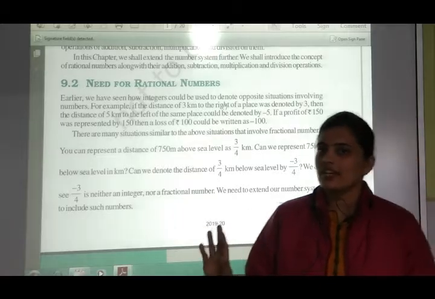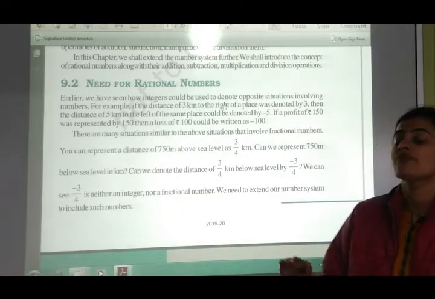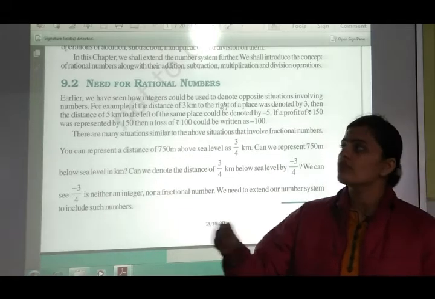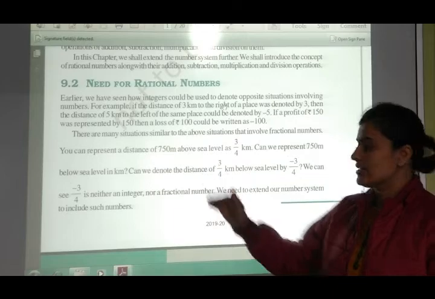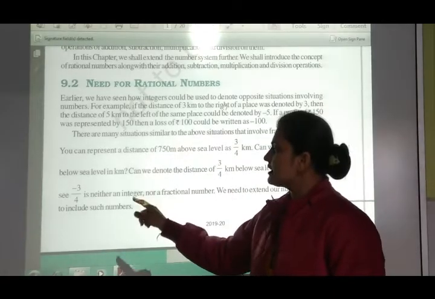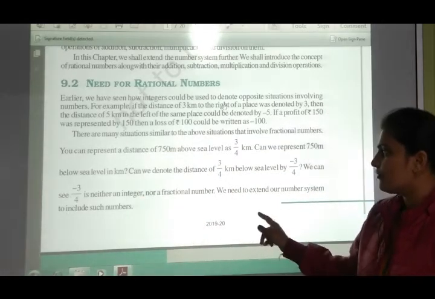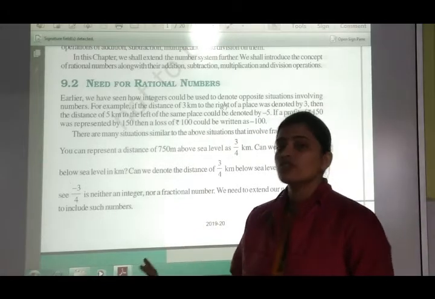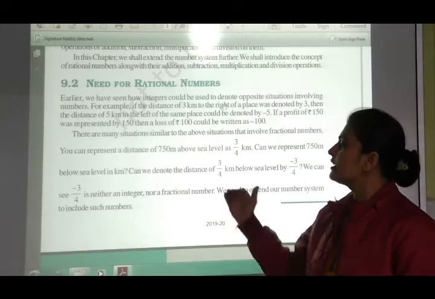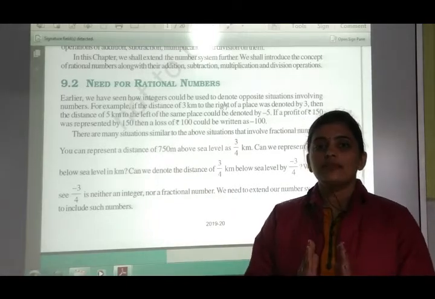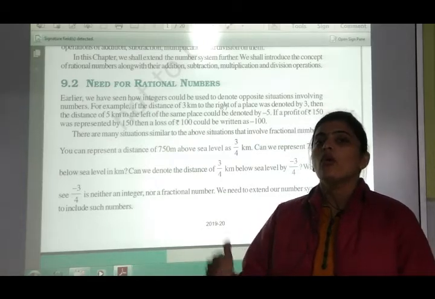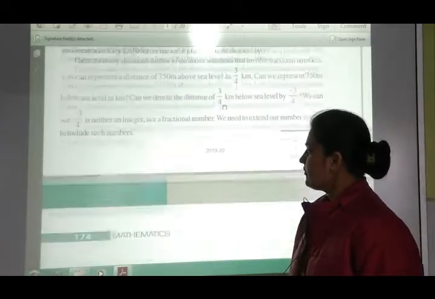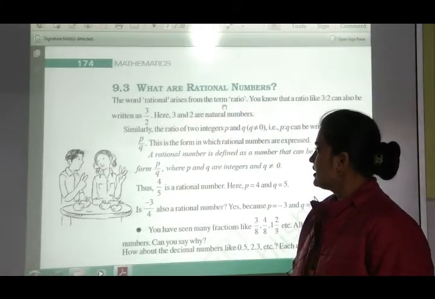Fractions are not included in integers. We can see -3 by 4 is neither an integer nor a fractional number. So we need to extend our number system to include such numbers. All the negative fractions, positive fractions and 0, all these are included in the rational numbers. Now what are rational numbers?